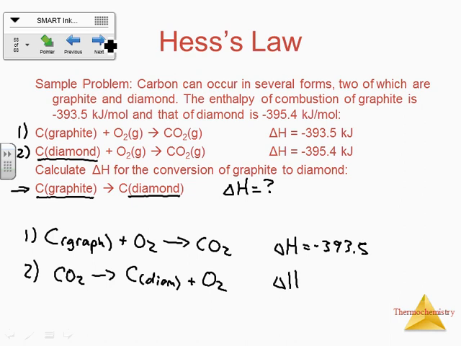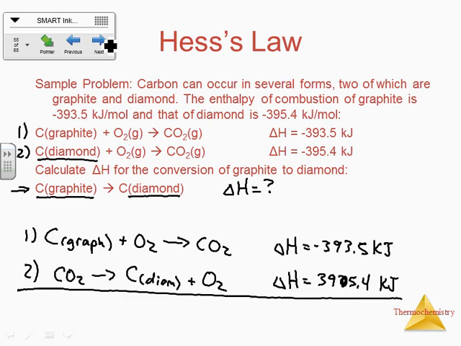And then because I flipped it, my delta H, the sign needs to be changed, so it's now a positive 395.4. These are both kilojoules. Okay, so then when I add these two together, CO2's cancel out, the oxygens cancel out, and I'm left with graphite going to diamond.